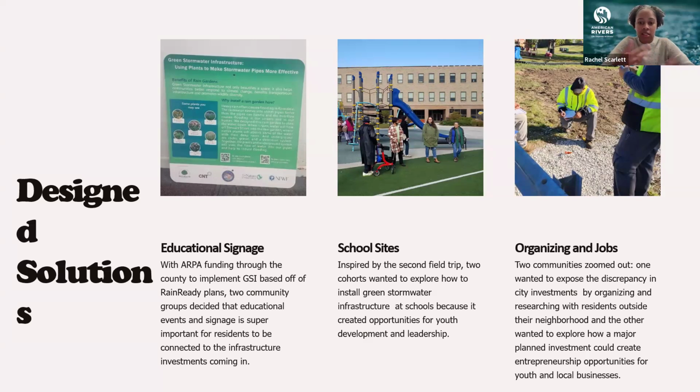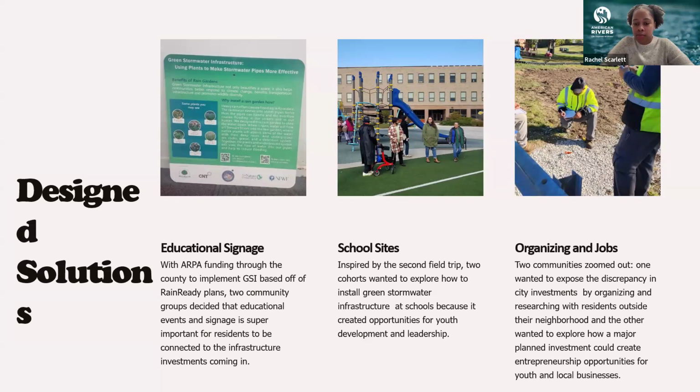So they got ideas from this and wanted to build their own green infrastructure programs on school sites. And they were considering school sites specifically so that they can build multi-generational leadership in water management. And then the last two communities wanted to explore how stormwater infrastructure can better serve their community.